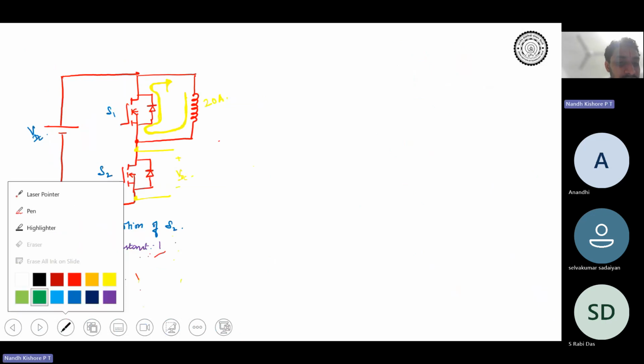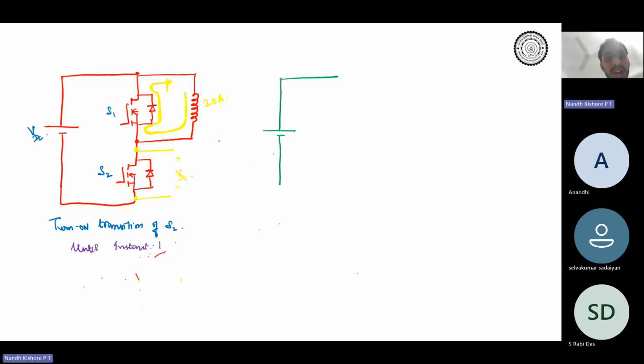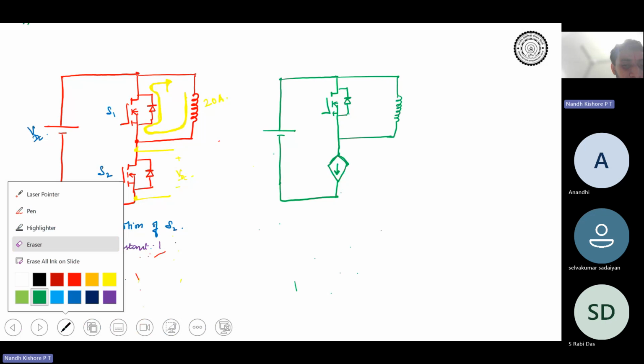We said that during the next interval the device is behaving as a constant current source. It's better I draw it as a MOSFET only.